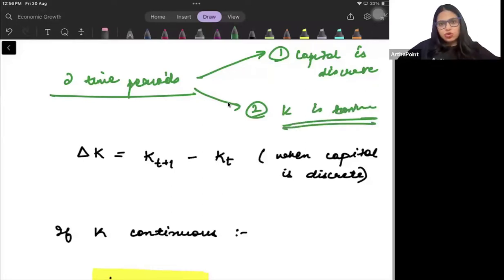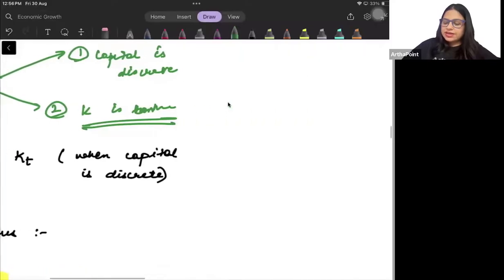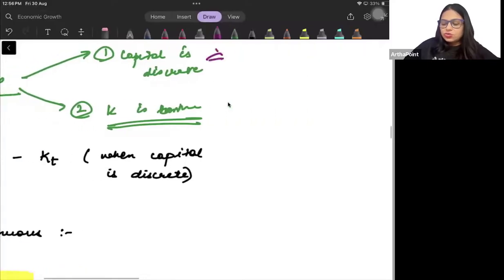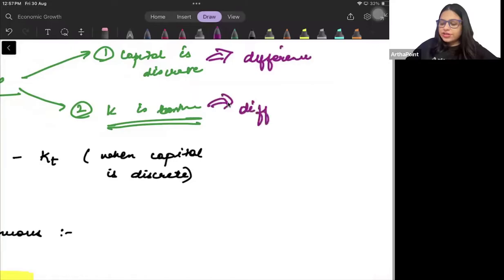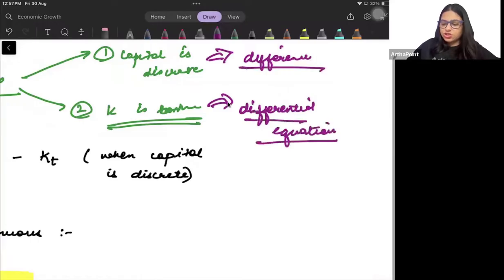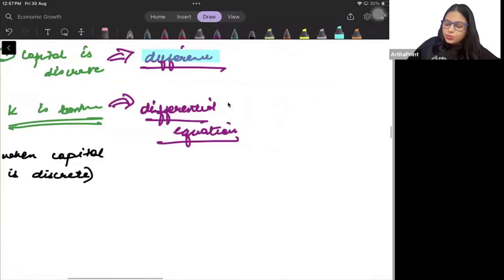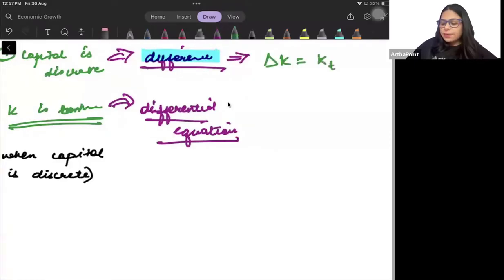So from maths also we know that discrete capital means that we need to write a difference equation, and continuous capital means we need to write a differential equation. Difference equation means we are writing something like this: change in capital is equal to capital in period t minus capital in period t minus 1. Differential equation means that capital is continuous.